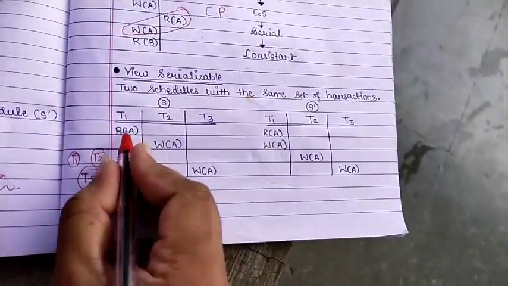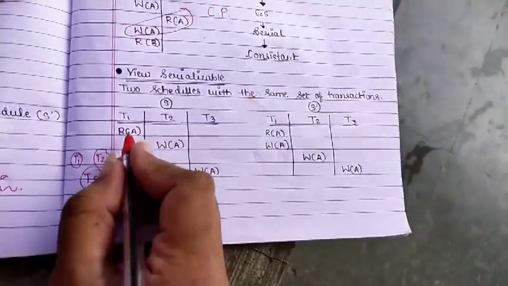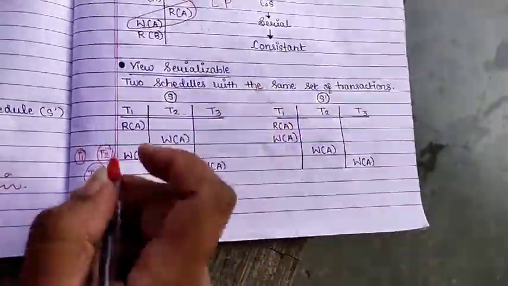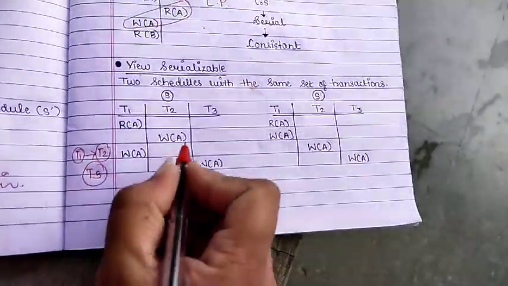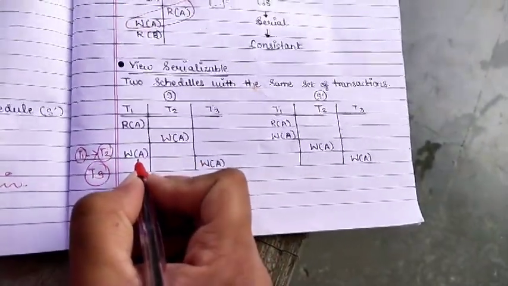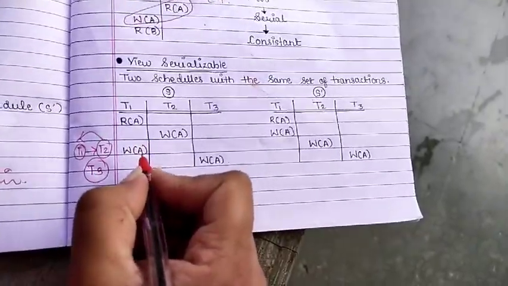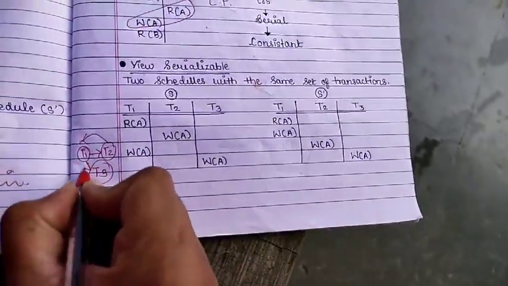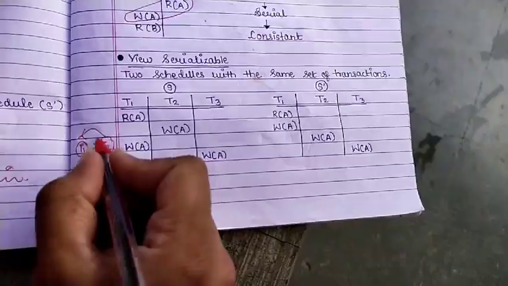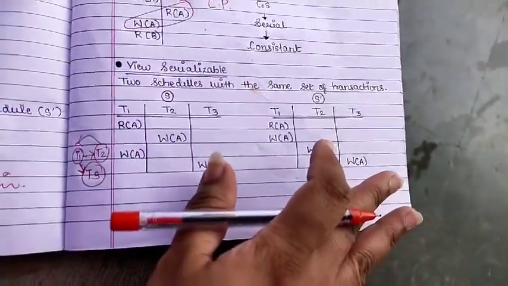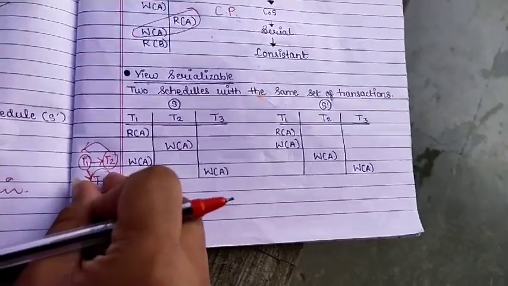First transaction 1 executes, then it goes to transaction T2. Again from T2 it goes to T1. Again from T1 it goes to T3. Now as a loop occurs, it is not in the form of serial, right? So it is in a parallel form.